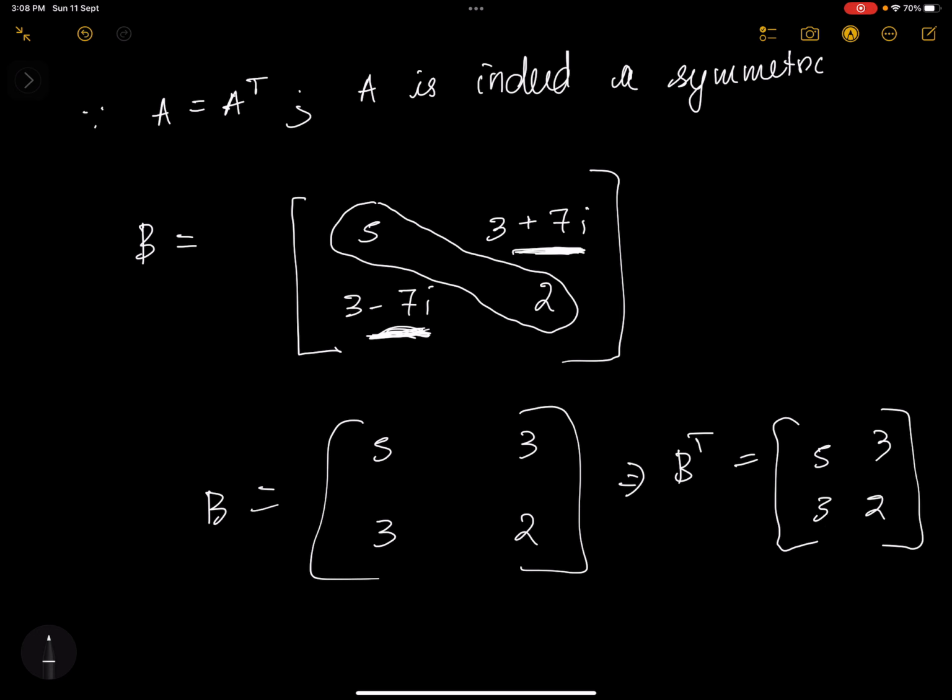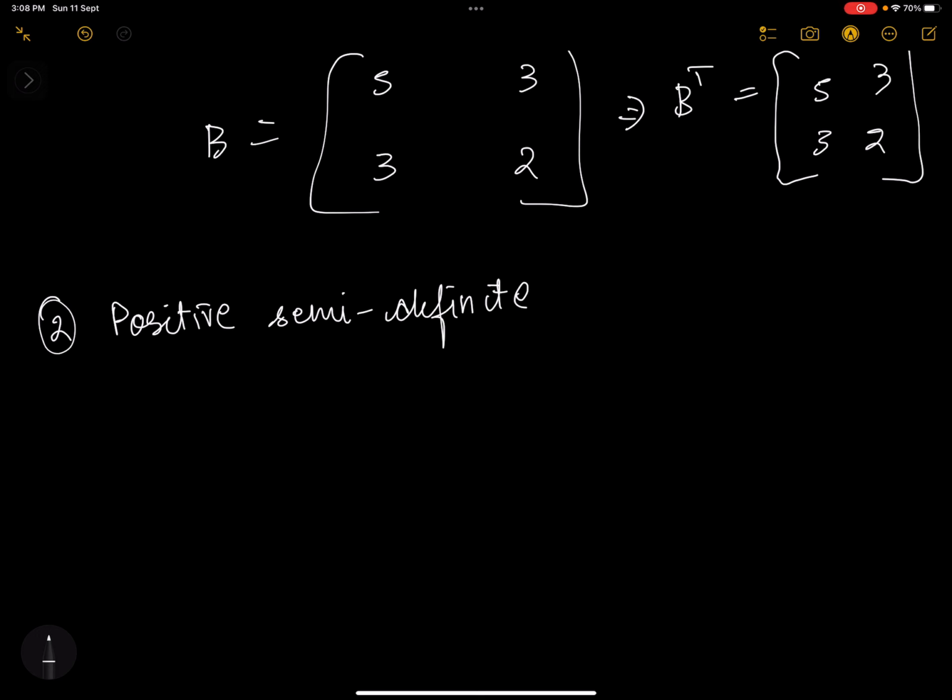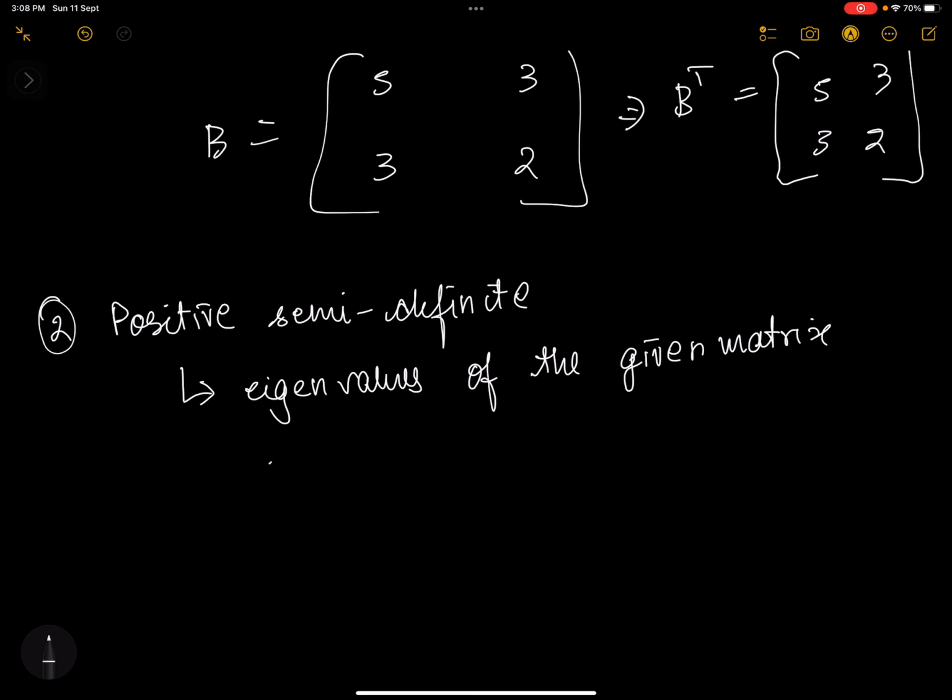Now, the second condition that was required to be satisfied is that the matrix is positive semi-definite. Positive semi-definiteness can be proved using various tests, but for the purposes of this video, I'm just going to mention one, which is that you'll have to check whether all the eigenvalues of the given matrix are non-negative.